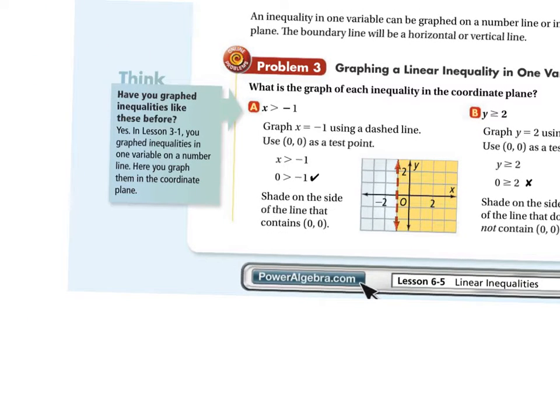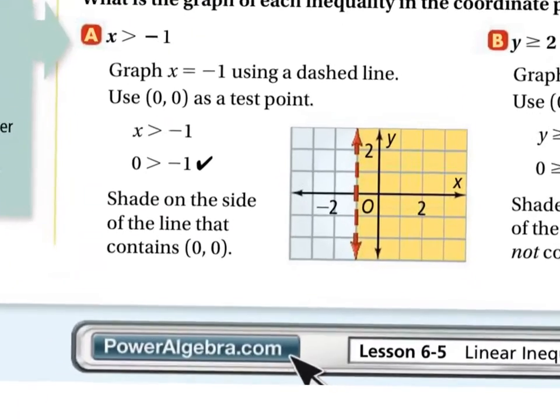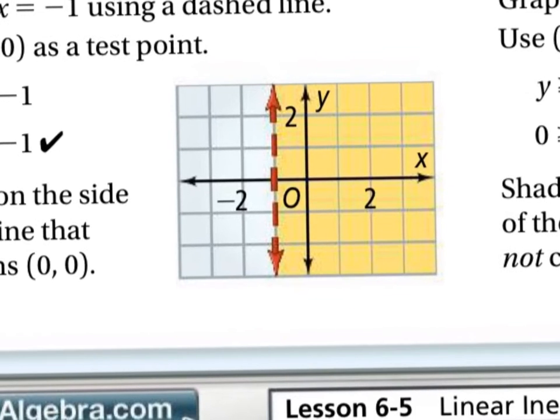Just remember to graph the line x equals -1, you can do a chart, and x is always -1. If x equals -1, and then you can just put whatever y values you want because y isn't in our inequality. So if you forget, I always used to forget is it going to be a vertical line, is it going to be a horizontal line. So that's a way you can make sure you're going the right direction. And then graph your line.